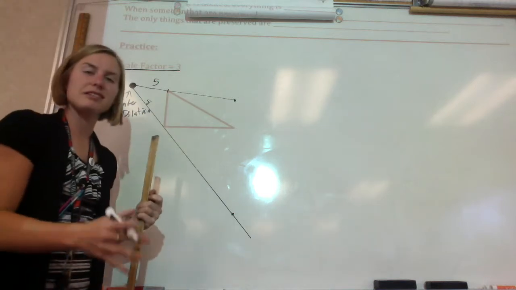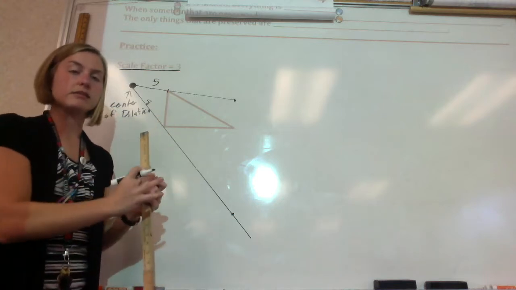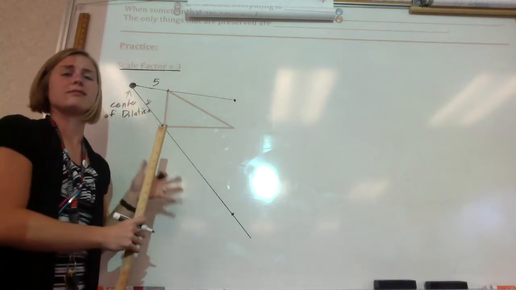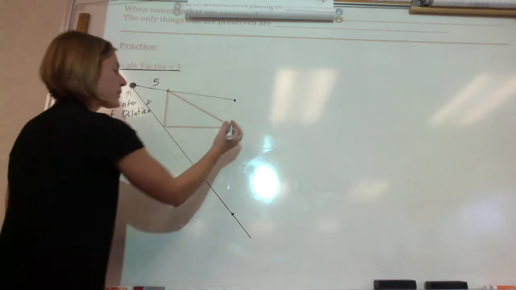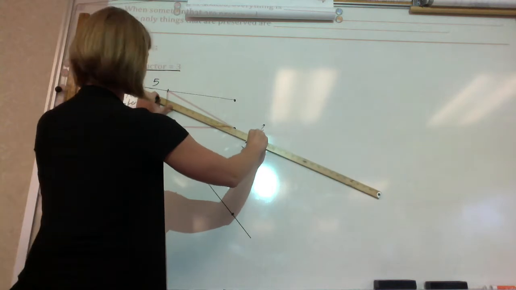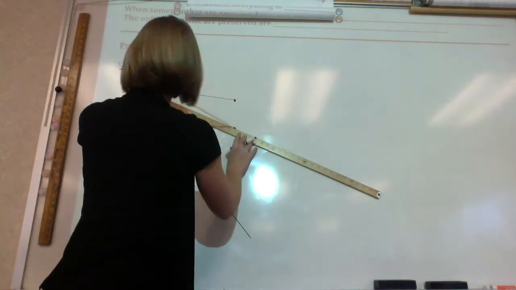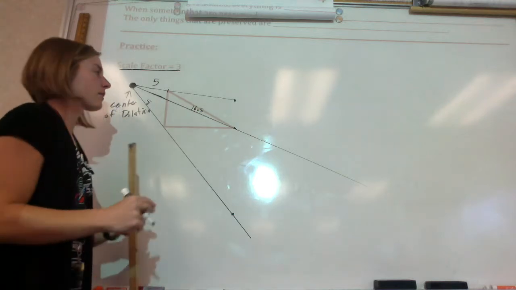And I know at home this is going to be a little bit difficult because obviously you're not using the same tools I am. Just do your best sketch of this to follow along. And we have one last point that we need to do. Let's start with how far away that is. Okay, so that's about 16.5 away.